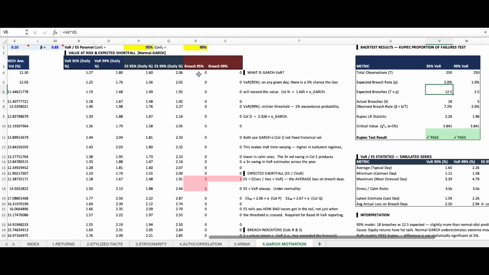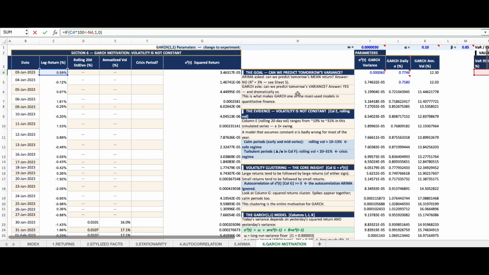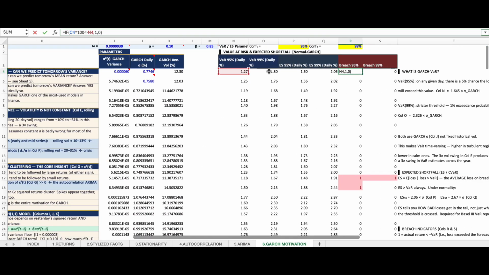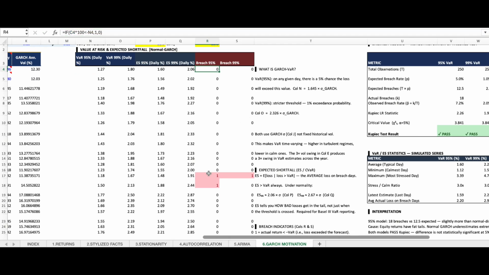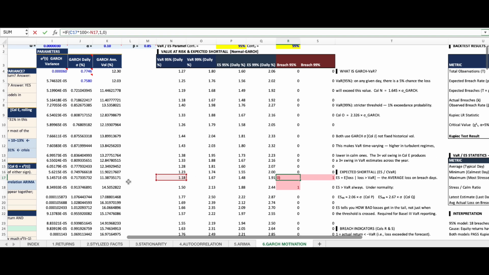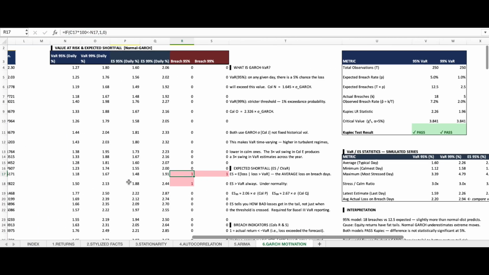Now look at column R. It tracks the breach indicators for the 95% model: a 1 when the actual loss exceeded the VaR estimate and 0 otherwise. Count up those ones. Now if the count is far from 12.5, the model might be miscalibrated.